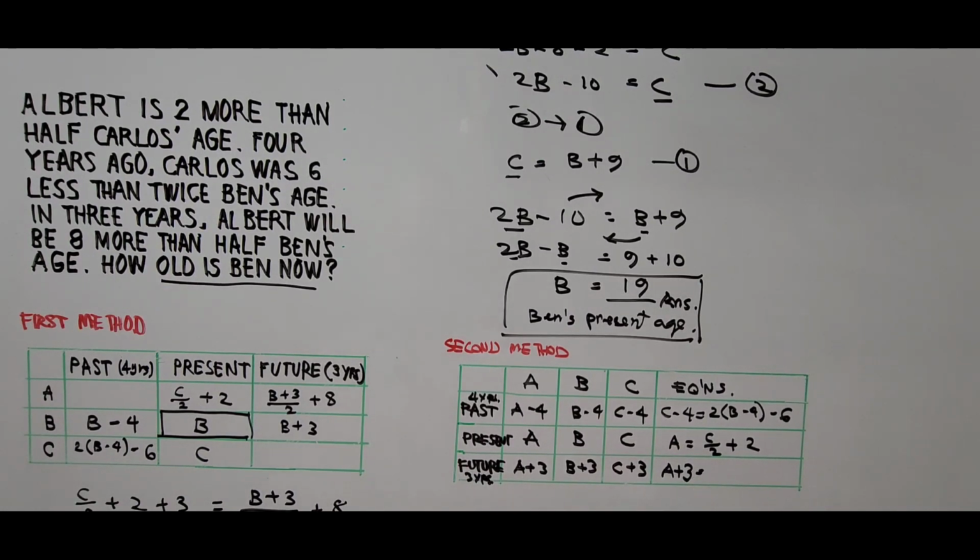And what it says about Albert's age, 8 more than half Ben's age. So Ben's age is B plus 3. So half of Ben's age is B plus 3, half means divide by 2. And it says there 8 more, so that is plus 8.